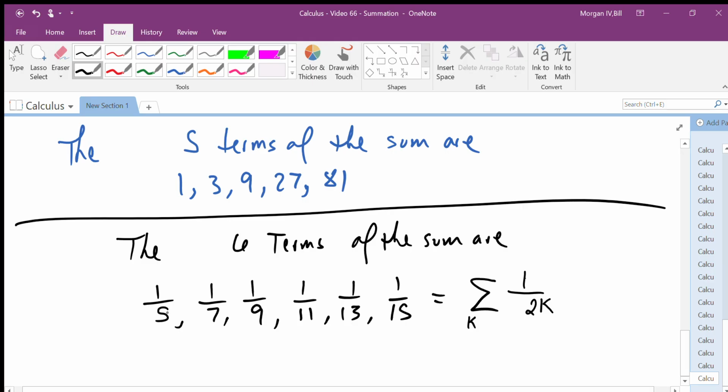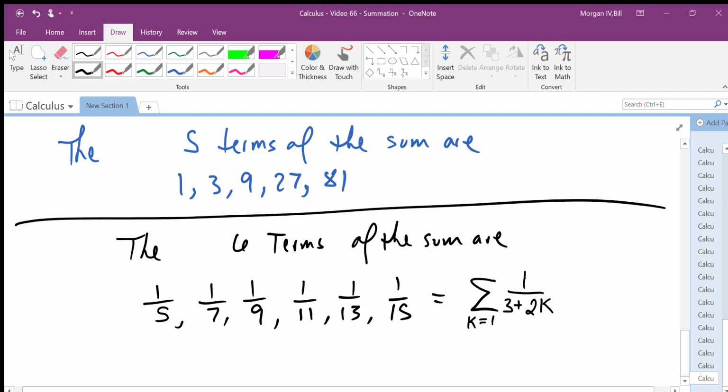Now, I need to make sure I have the right starting value here. Because there's actually a couple different ways you could write this that would be correct. Let's say I wanted to start with k equals 1. If k is 1, then I have right now 1 over 2 times 1, so 1 over 2. But what I need to make it is over 5. So I would need to do 3 plus 2k.